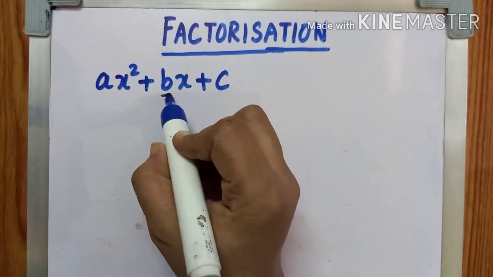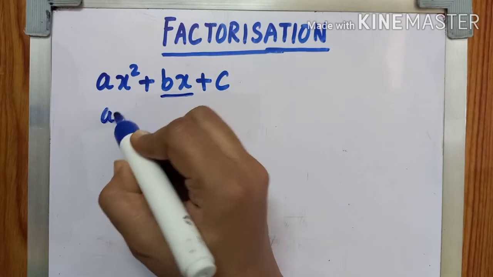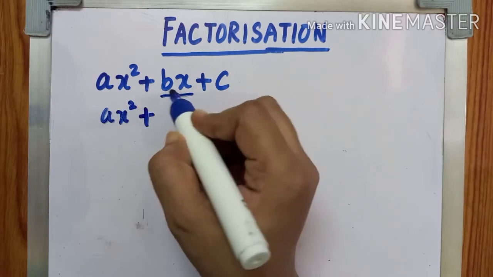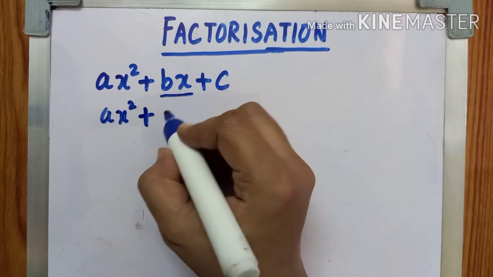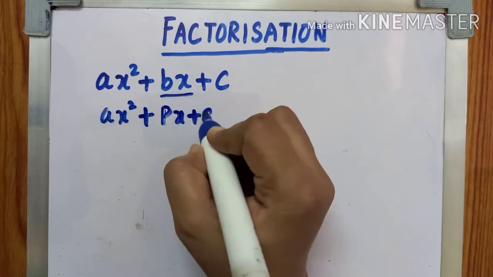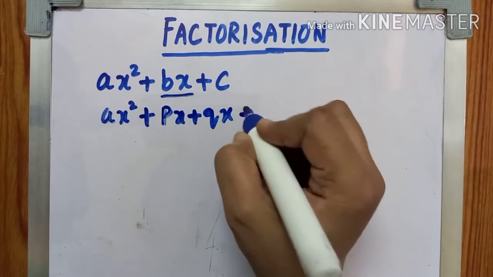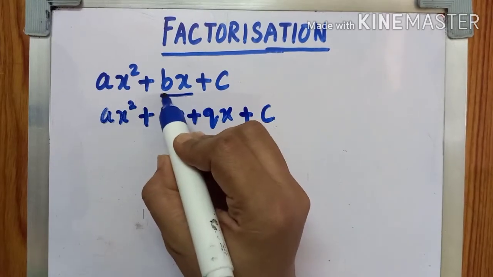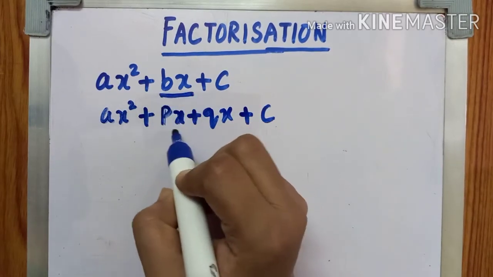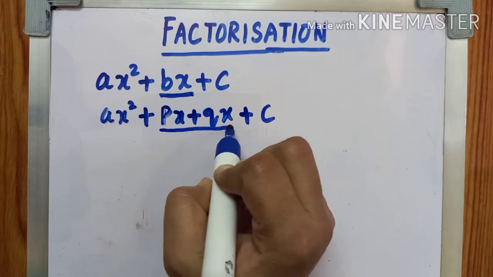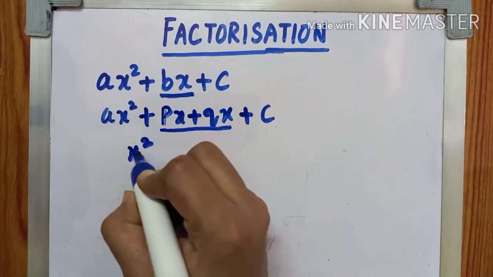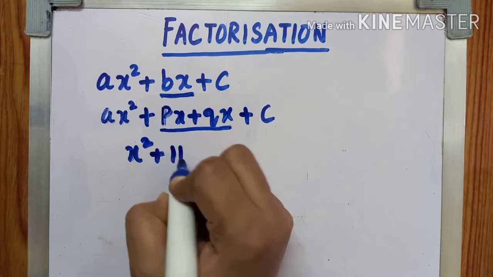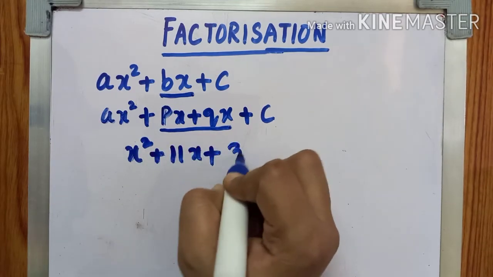The bx you have to write as px plus qx, and the plus c will be as it is. Suppose, for example, I have x square plus 11x plus 30.